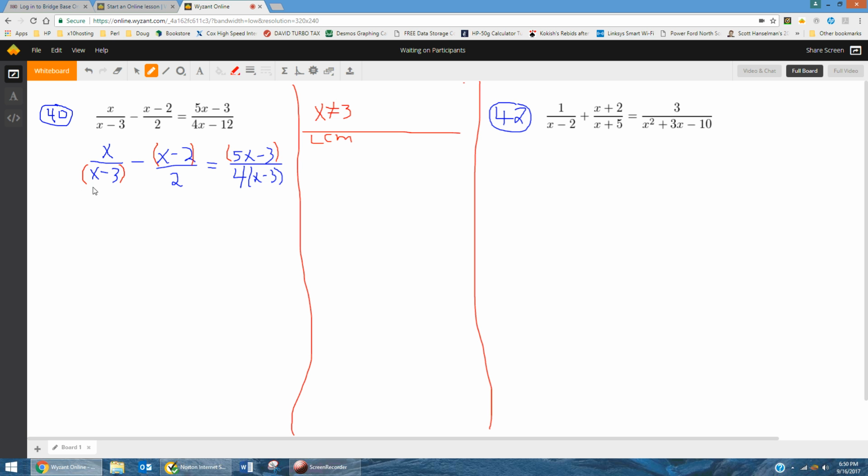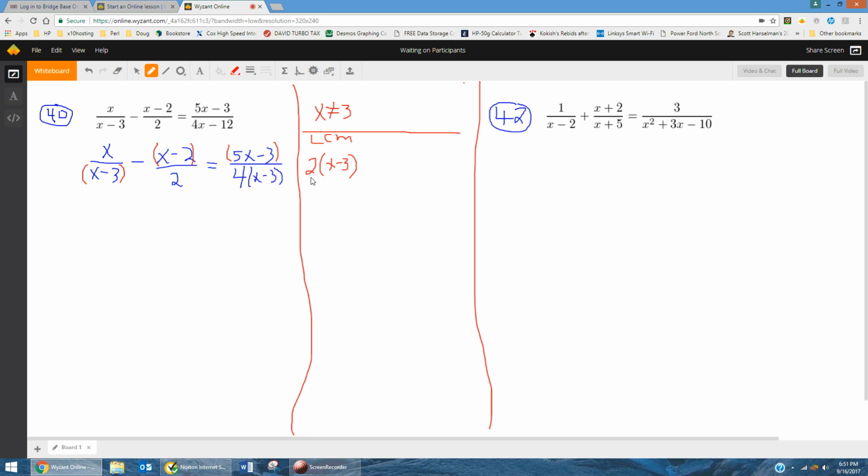So if I look at the factors that are here, there's an x minus 3. I just start writing the factors of each denominator. Then I move to this denominator and I see I need a factor of 2. Then I move to the next denominator and I see that this 4 can be thought of as 2 times 2. So there's 2 factors of 2.